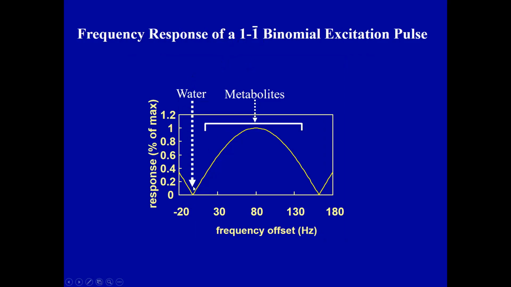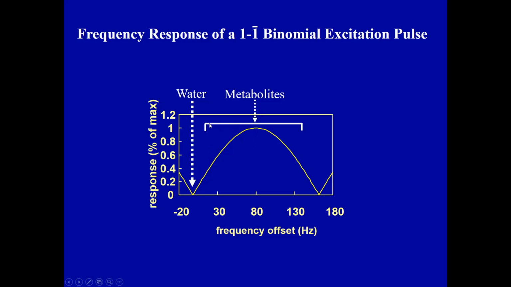If we suppress water, we will choose an optimum for a particular metabolite. But the metabolites actually cover a span of frequencies. So depending on what the frequency difference is with water, if they don't rotate 180 degrees, like here would be the optimal, whatever metabolites here rotated 180 degrees relative to water, and we get full tip into the XY plane.